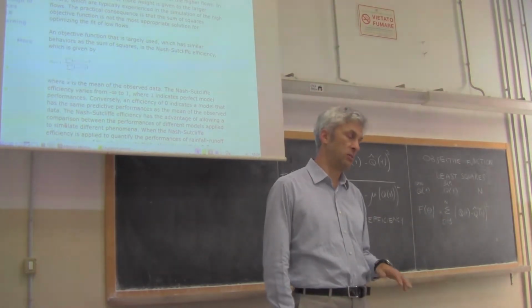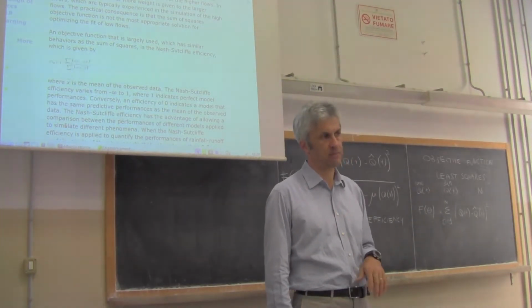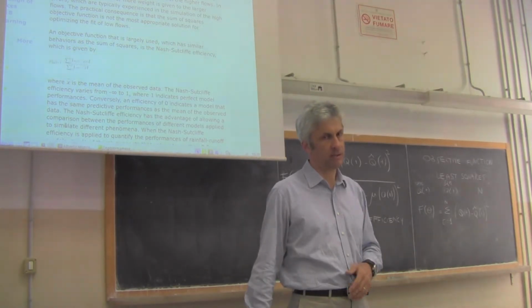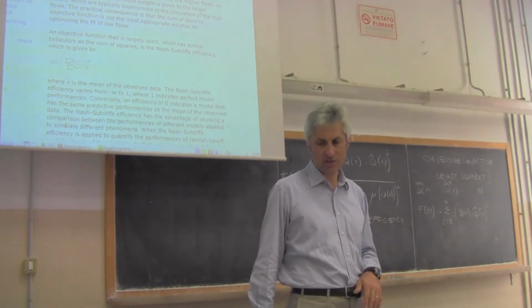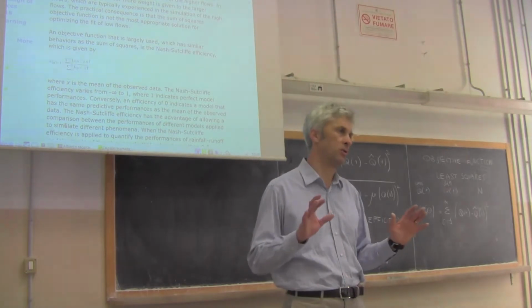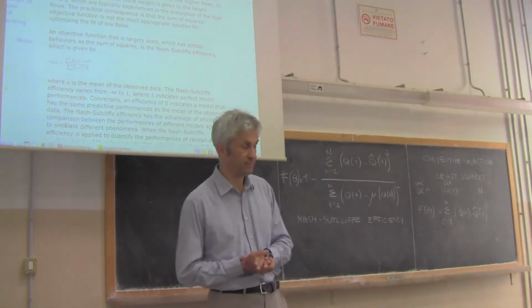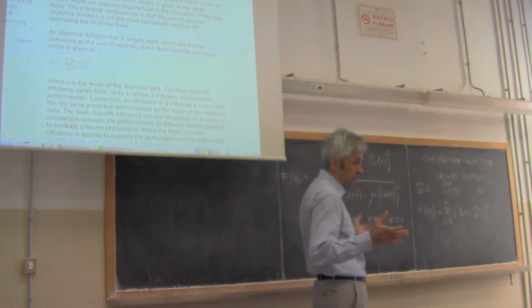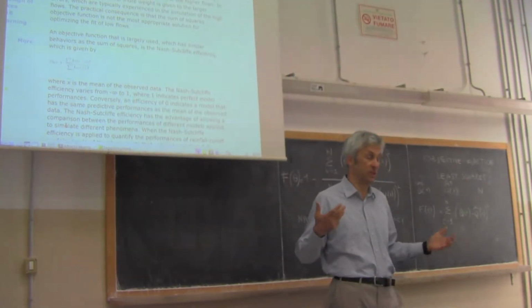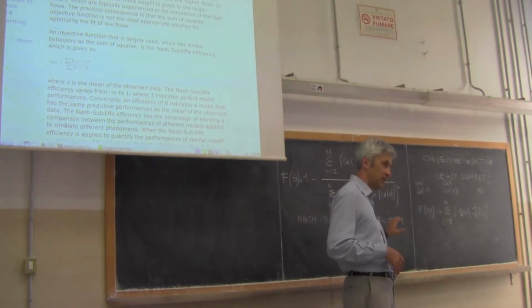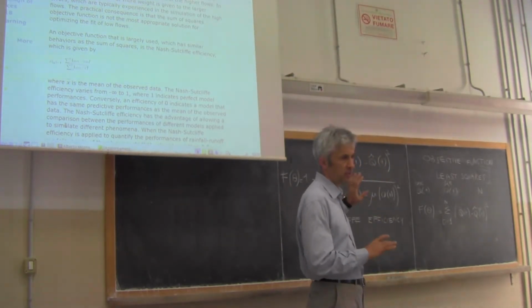And let me say that 0.5 is still very poor. I changed my rule of thumb: it is at least 0.65. But of course it depends. It depends on the catchment, it depends on the available data, etc. Okay, but this is just a rescaling of the least squares.